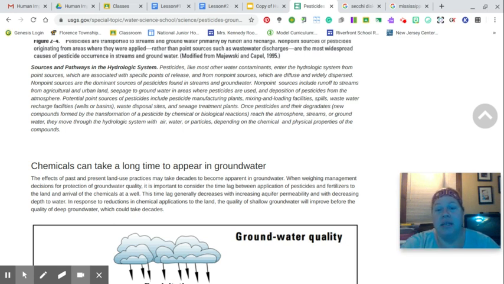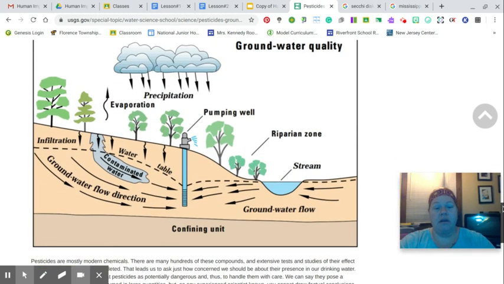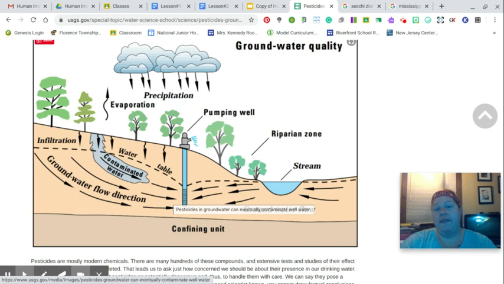So something that might have been applied to the ground when I was a kid isn't even through into the water system yet. And I'm a lot older than you, so it takes a long time. It's like one of those slow moving things. So we want to make sure that we are monitoring this to make sure that pollution isn't getting to us.